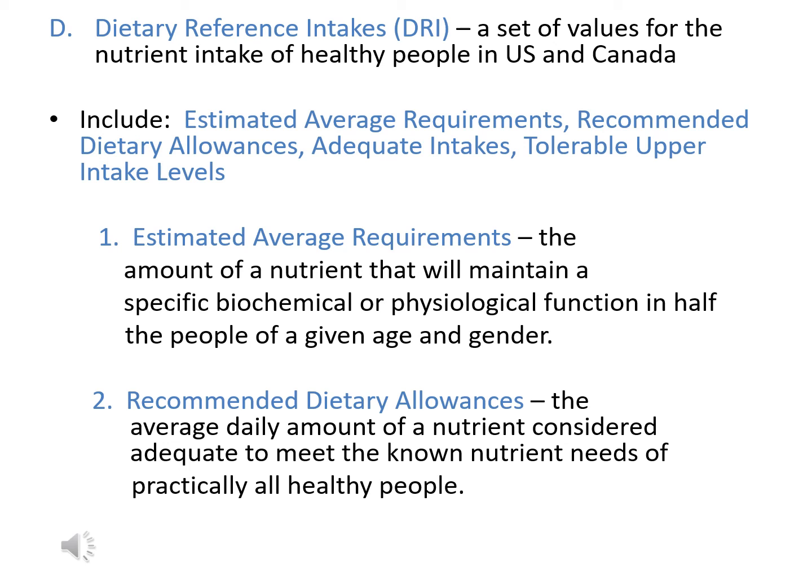Then it's taken one step further as research progresses and the recommended dietary allowances are set. This is the average amount of a nutrient considered adequate to meet the known nutrient needs of a larger population. It's meant to meet the needs of practically all healthy people, or about 98% of all healthy people.